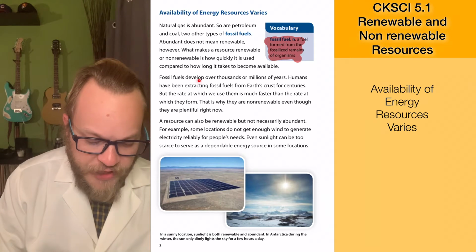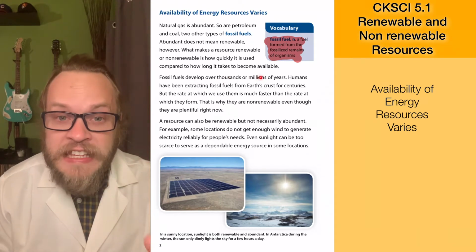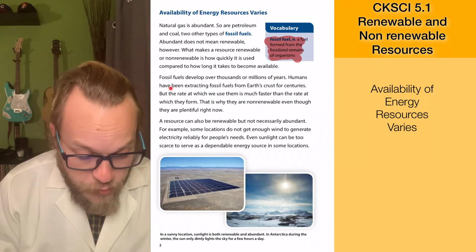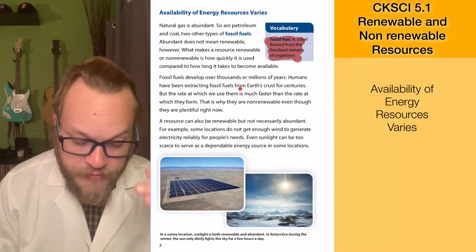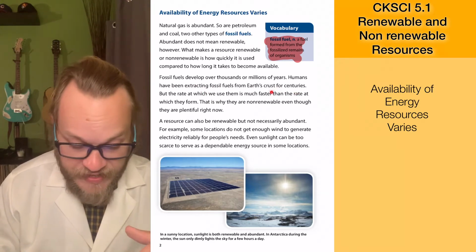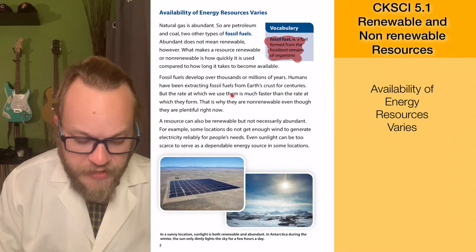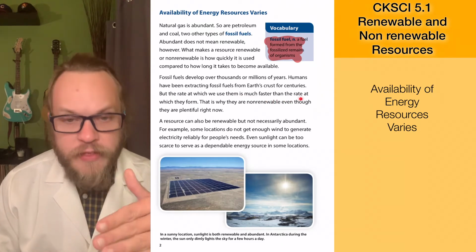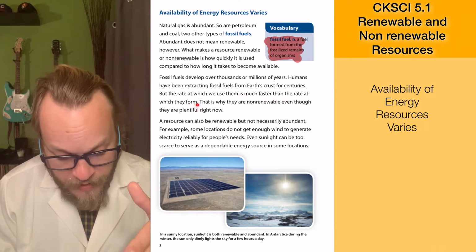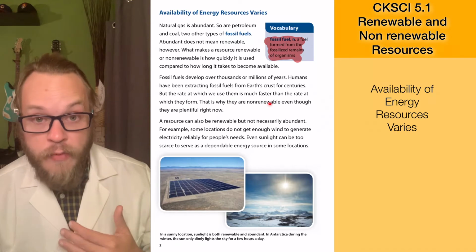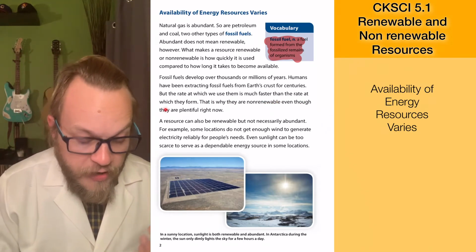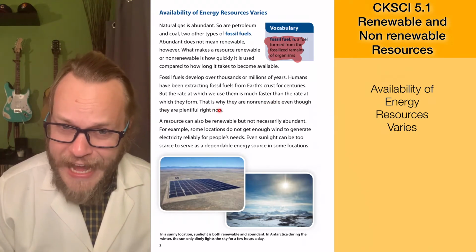Fossil fuels develop over thousands of millions of years. Humans have been extracting fossil fuels from Earth's crust for centuries now, but the rate at which we use them is much faster than the rate at which they form. That is why they are non-renewable, even though they are plentiful right now.